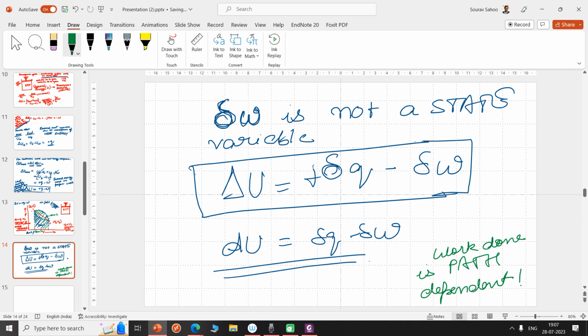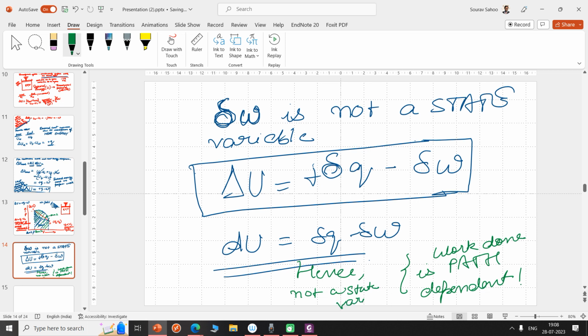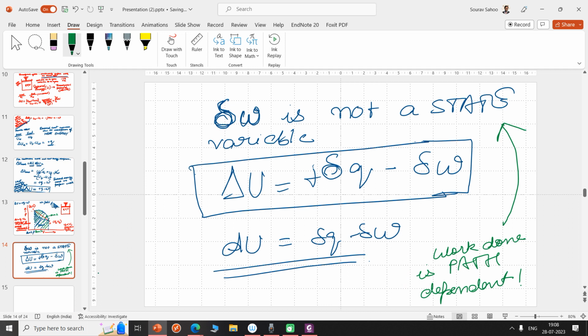Hence, not a state variable. Since it's path dependent, it's not a state variable. Okay, so now we know from the first law of thermodynamics that the internal energy increases upon absorption of heat, and the internal energy decreases if there is some work done by the system.